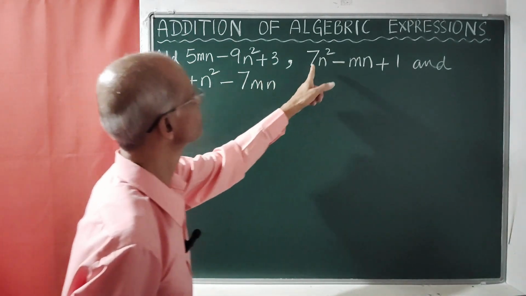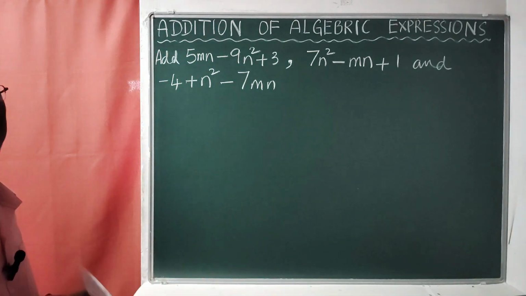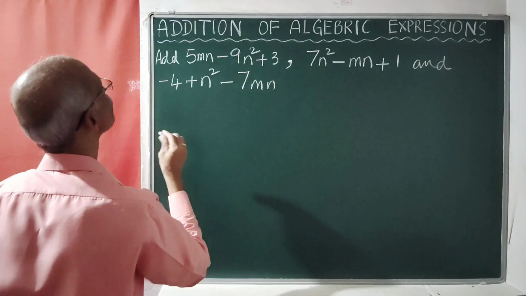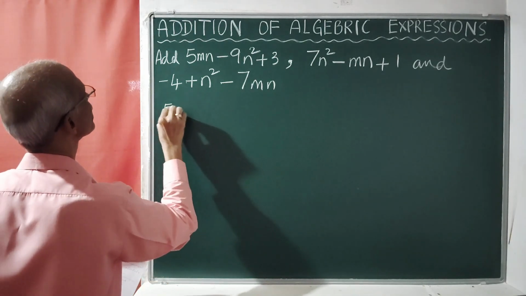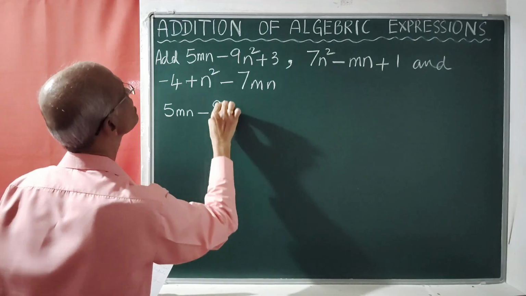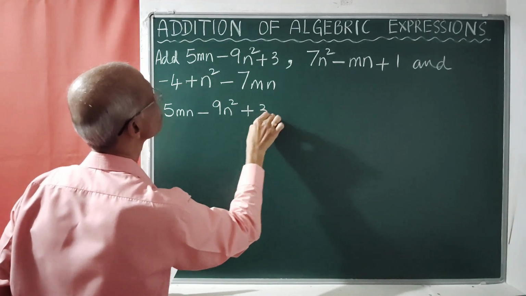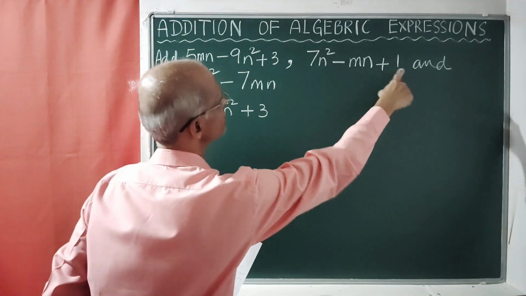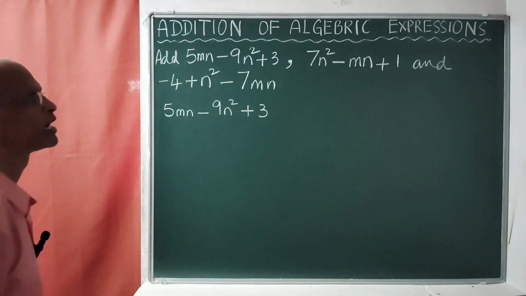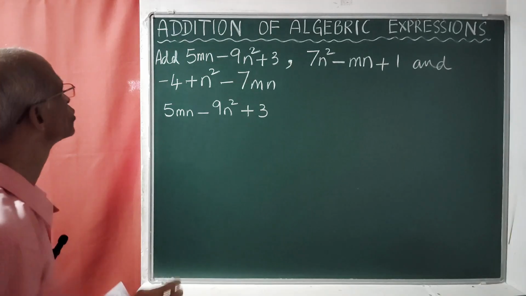See, this one, and this one. So first we will do it in the column method. So write one below the other. 5mn minus 9n square plus 3. Now write this expression below this, but take care, like terms should be written under like terms.